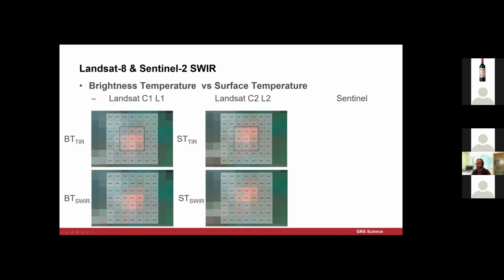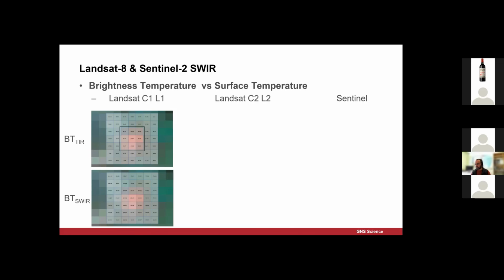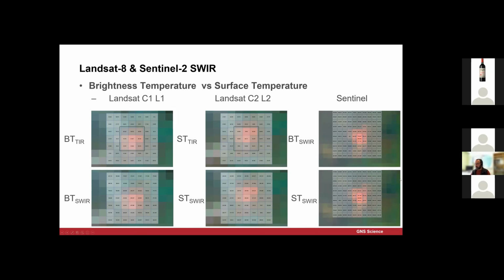So that has not changed much. In the Sentinel, what we see here is around 280 degrees, 270 degrees, and the hot pixel from the thermal, from the Landsat, is pretty much in the same area.